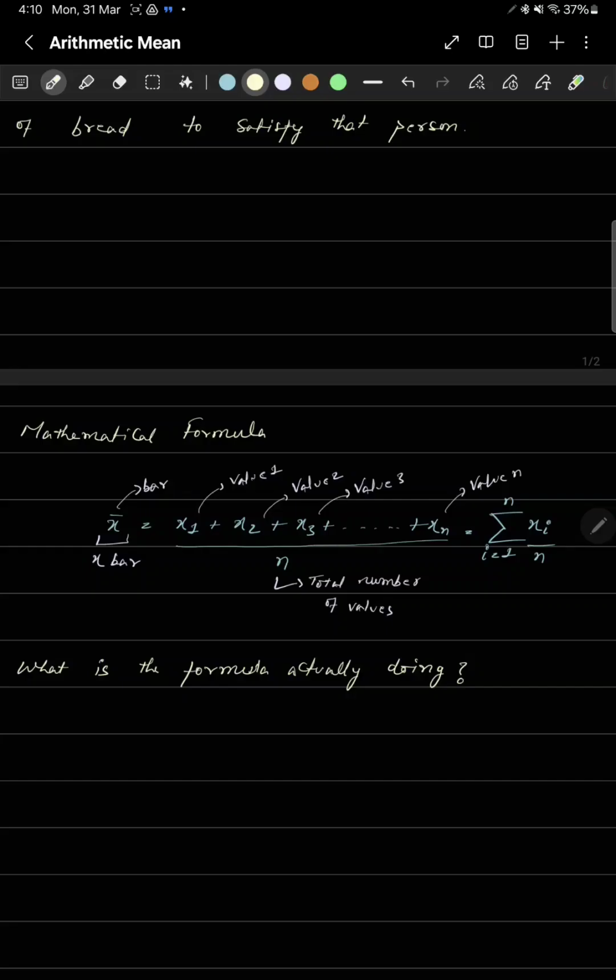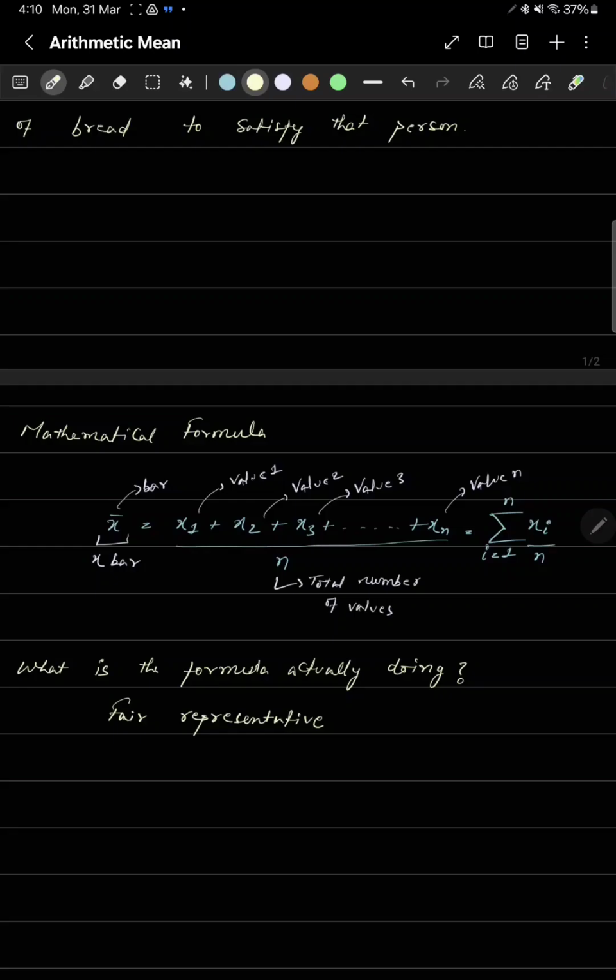We sum the numbers in the set for which we are trying to find a fair representative, right? Notice the word fair representative. So let me repeat. We sum the numbers in the set for which we are trying to find a fair representative. Then we divide by the total numbers in the set.